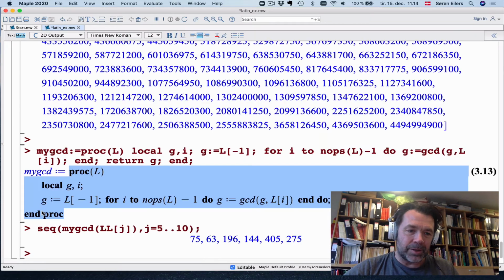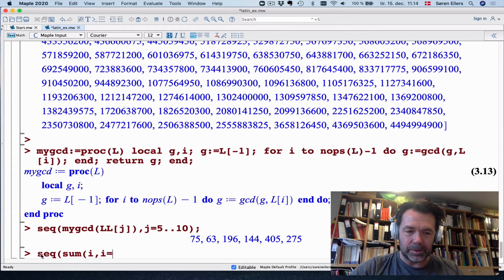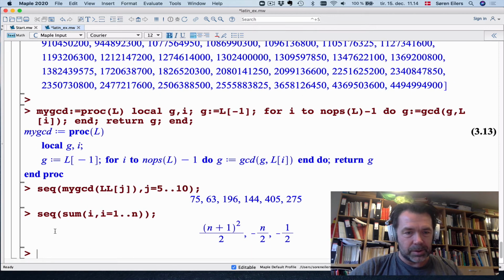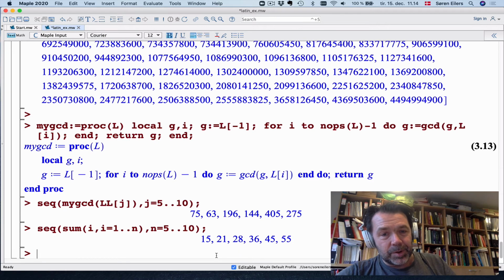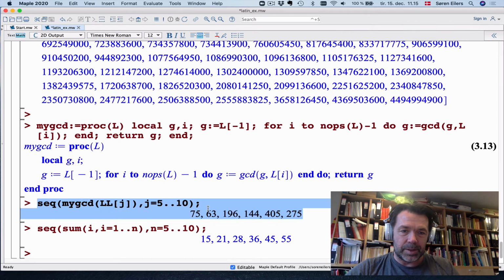And I know from having looked at it a little bit more that what's relevant here is something like you look at the sum of i for i equals 1 to n. Suppose you do this first. Yeah, and I need to do, oh, forgot to tell Maple what this was supposed to be. So from 5 to 10, say. So I get these numbers, and I think it is true that these numbers always divide those numbers, right? So I can do slightly better.